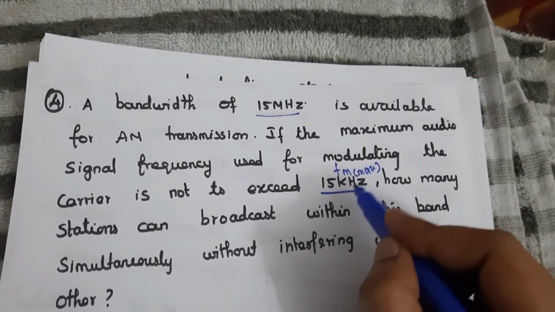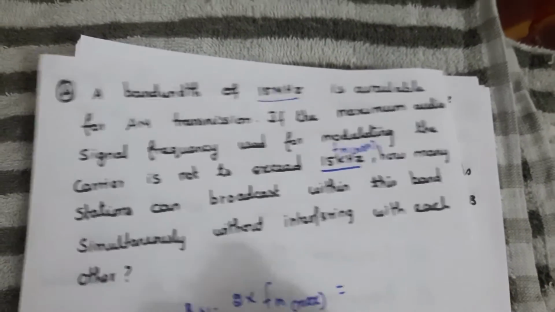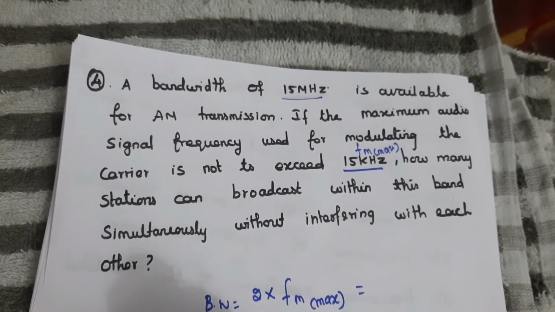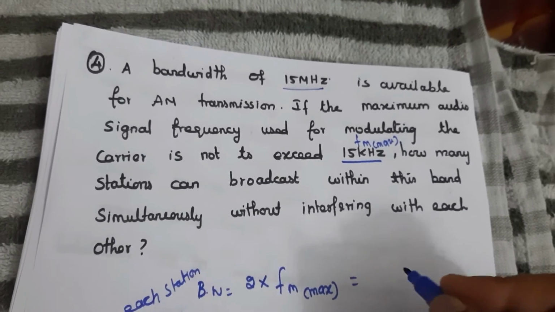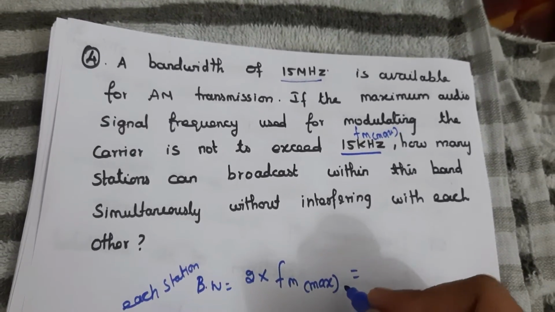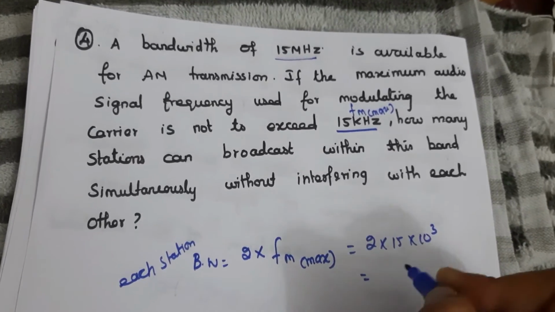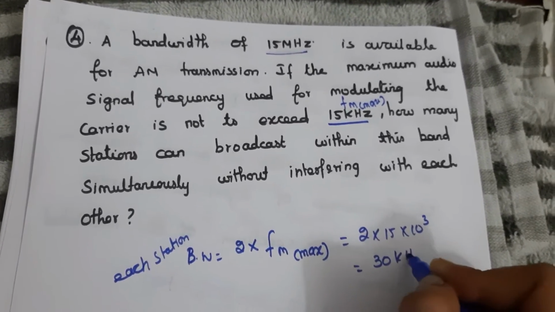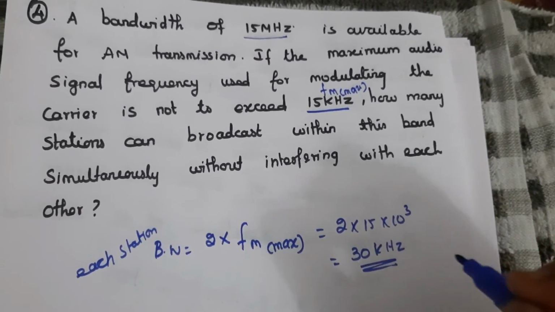So FM max value is 15 kilohertz. So each station requires a bandwidth of 2 into FM max, so 2 into 15 kilohertz, that is 30 kilohertz. So this is the maximum bandwidth required for each station.